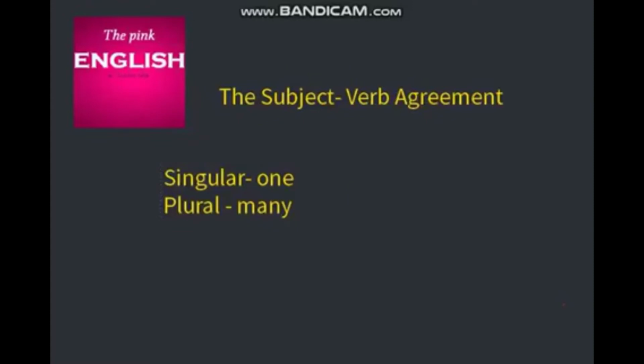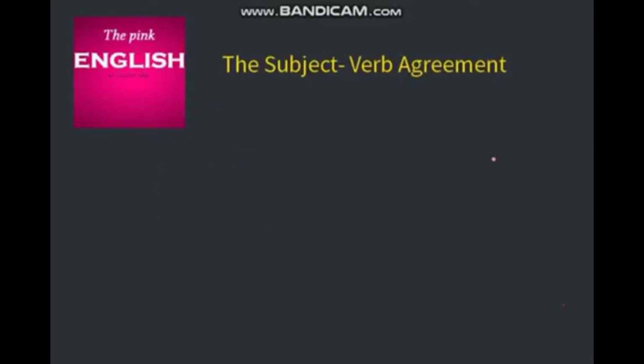So, how about the subject and the verb? Let's review. As we all know, the subject is anything that is being talked about in the sentence. It can be a noun, or a pronoun.